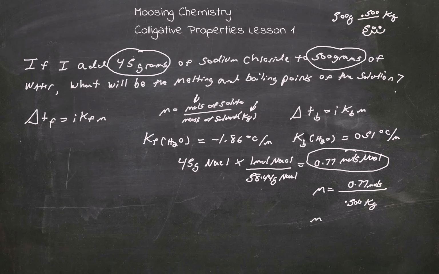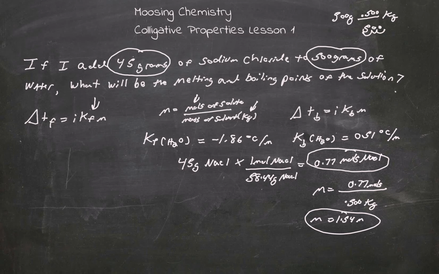So now our molality is going to equal 1.54 little m. Okay, now we have our m value. Now we have our Kf value and our Kb value. Now we can solve the problem. So let's go ahead and get solving here, okay?